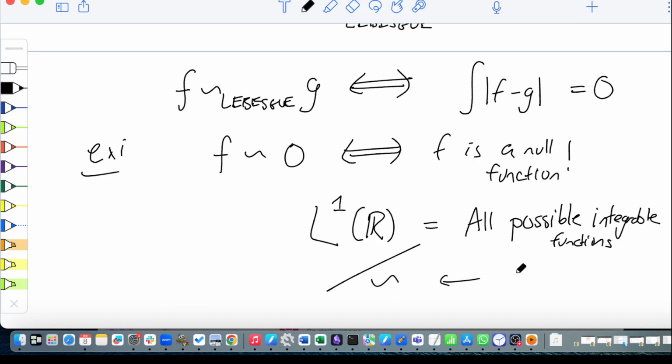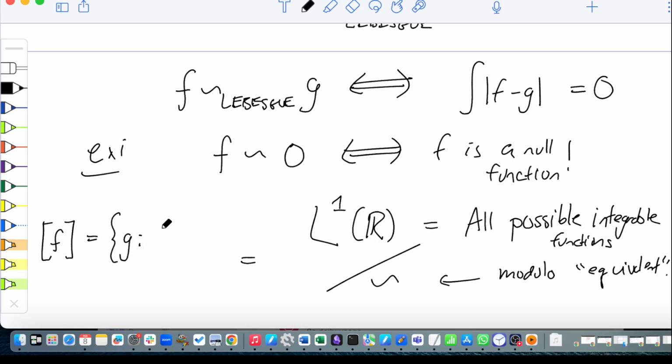This means modulo equivalent. What is left are equivalence classes of functions. This is the set of all equivalence classes. An equivalence class looks like square brackets f, and it's the set of functions g such that the integral of |f minus g| equals 0.